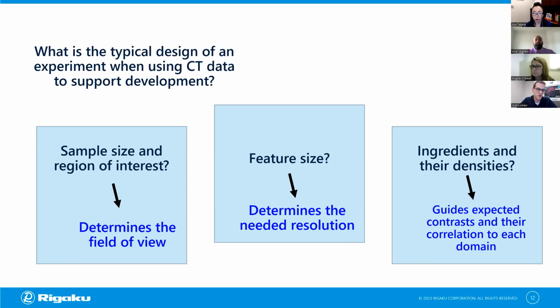Going into our scan, if we know what the materials are and their relative densities, we can have a really good expectation of which phase in the scan corresponds to which ingredient, and that gives us confidence as we go towards analysis and quantification, knowing which domains we are looking at.